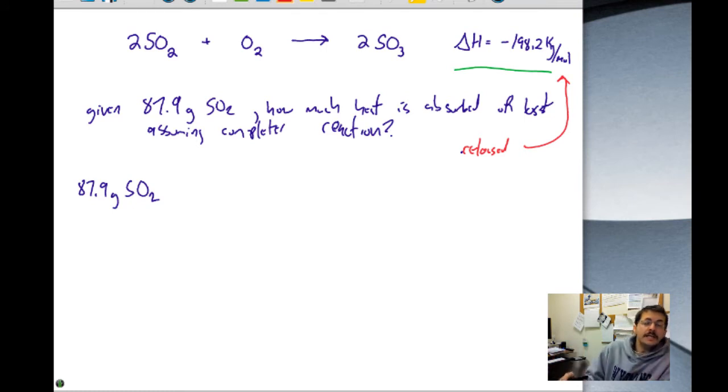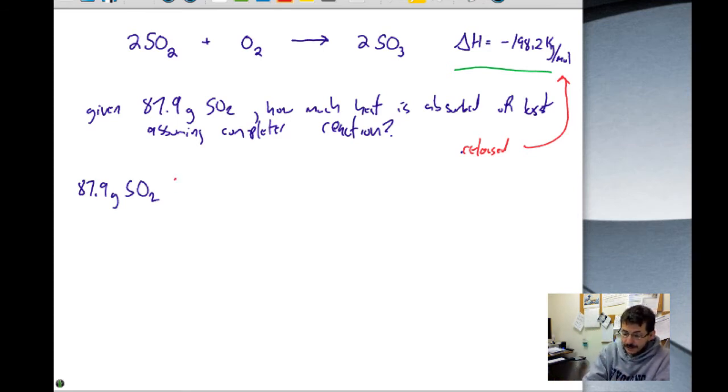When you see a reaction written and an enthalpy change associated with that reaction, the assumption is for the whole reaction. So again, this would represent a release of 198.2 kilojoules, assuming 2 moles of SO2 and 1 mole of O2. That assumes you have enough material.